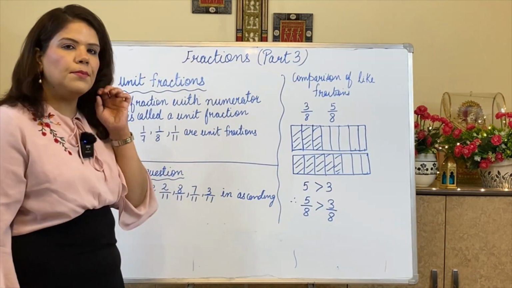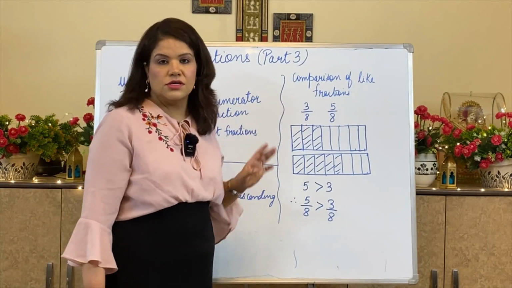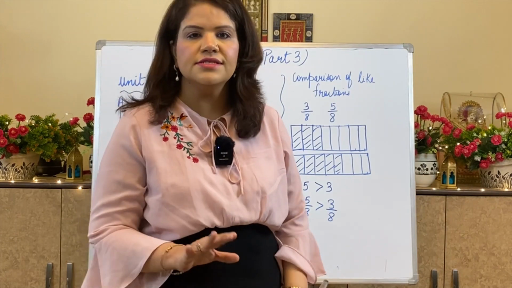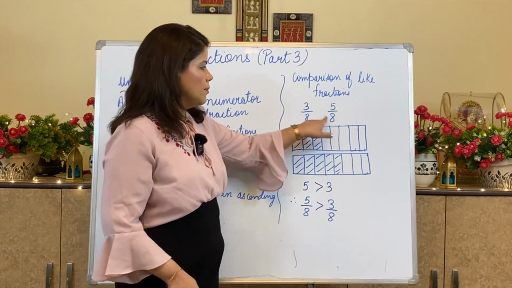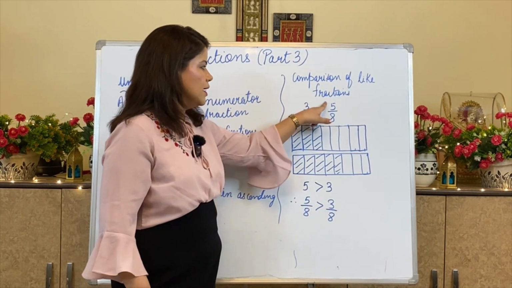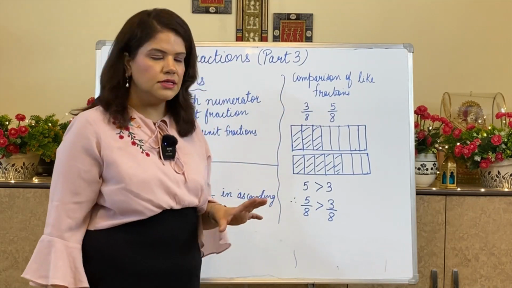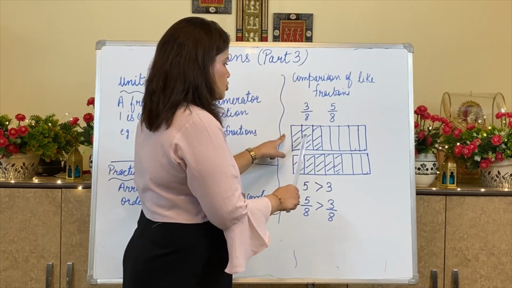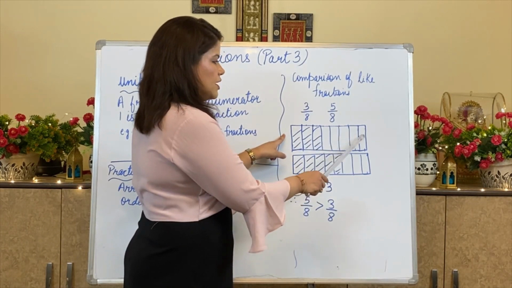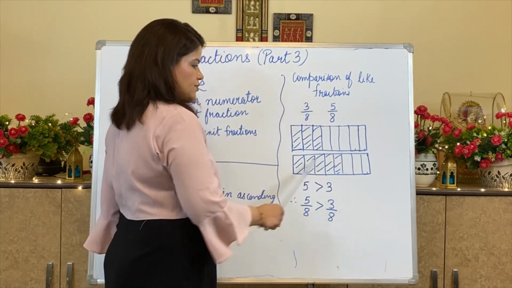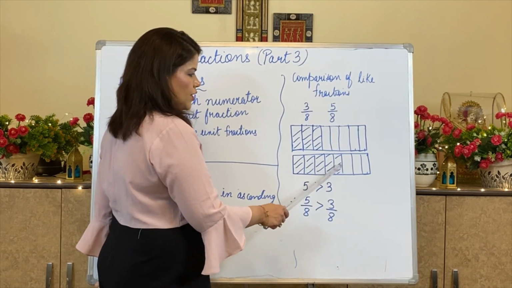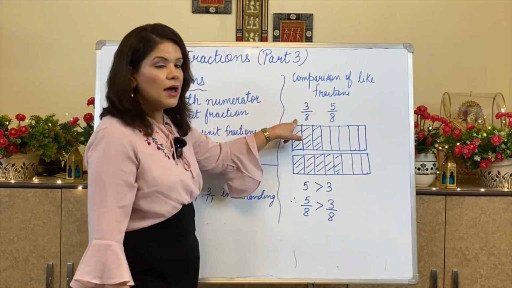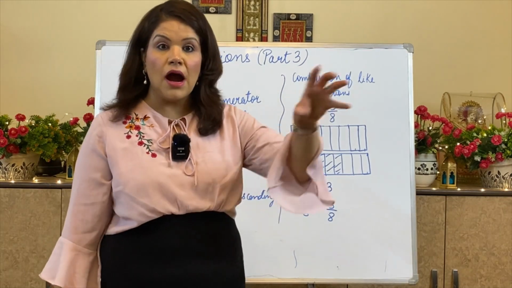Now I am taking comparison of like fractions. How do we compare like fractions? The denominator is the same. I am taking 3 by 8 and 5 by 8. That means the whole was divided into 1, 2, 3, 4, 5, 6, 7, 8 parts. Is it clear? In 3 by 8, what does it mean? Part of a whole.